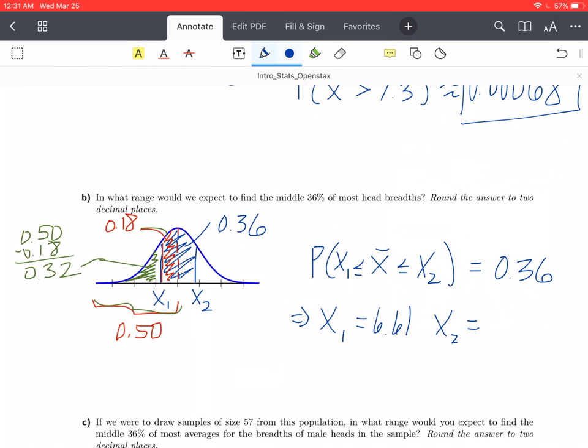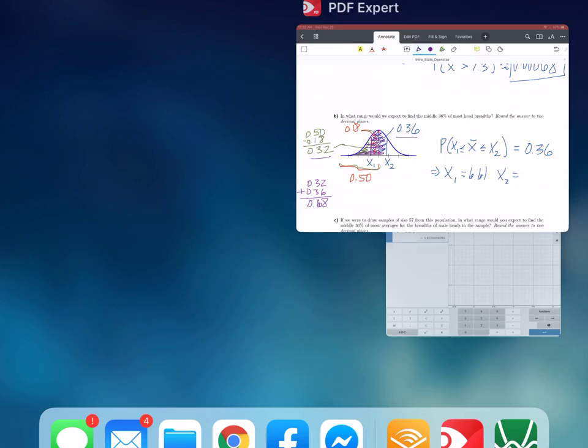And x2, we're going to do the same thing. We know that the green area was 0.32, and the blue area was 0.36, right? So if we're looking for everything less than x2, that's all of this, so it's going to be 0.32 plus 0.36, which is 0.68.